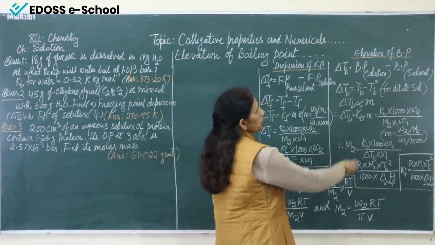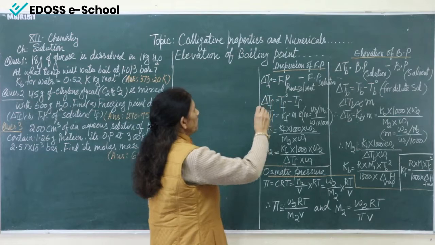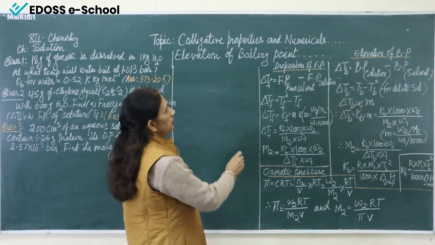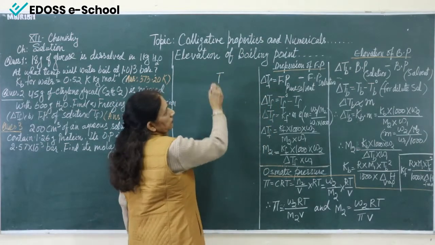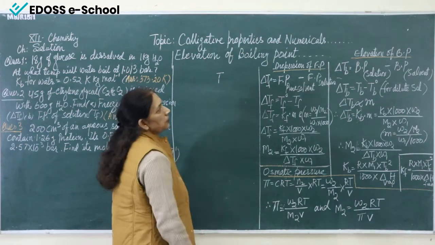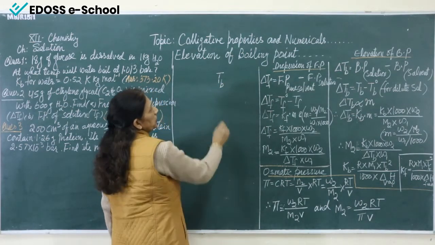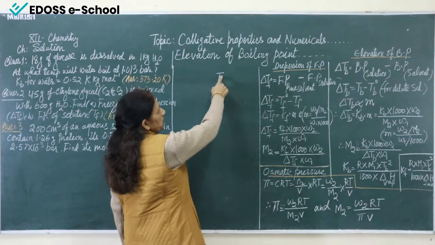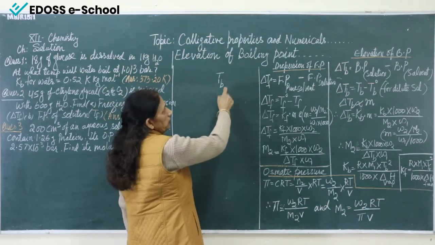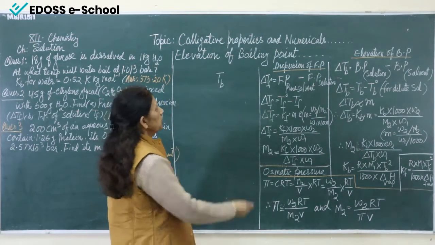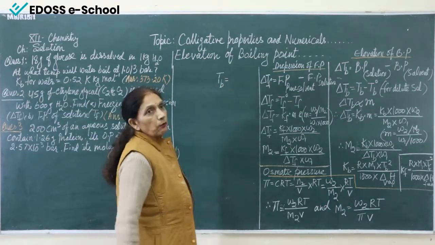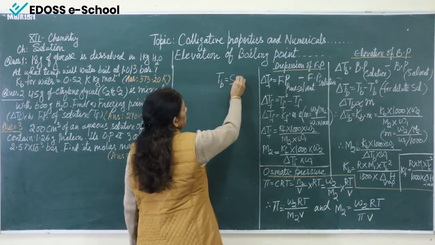Remember I have already made it clear to you that T is the boiling point. If Tb is written, T means boiling point and b means boiling point, so Tb is the boiling point of the solution.